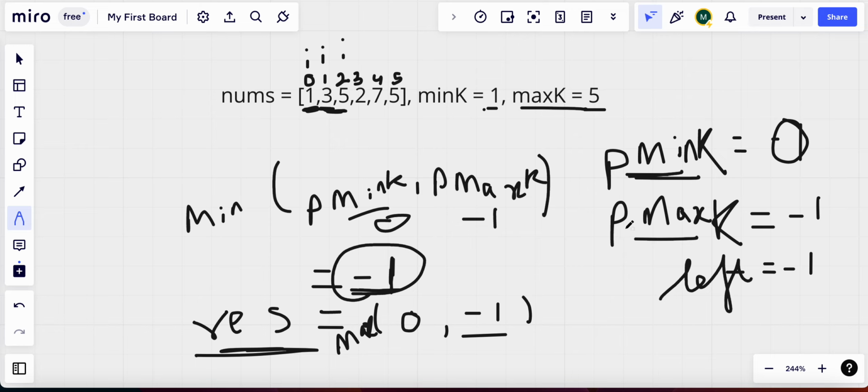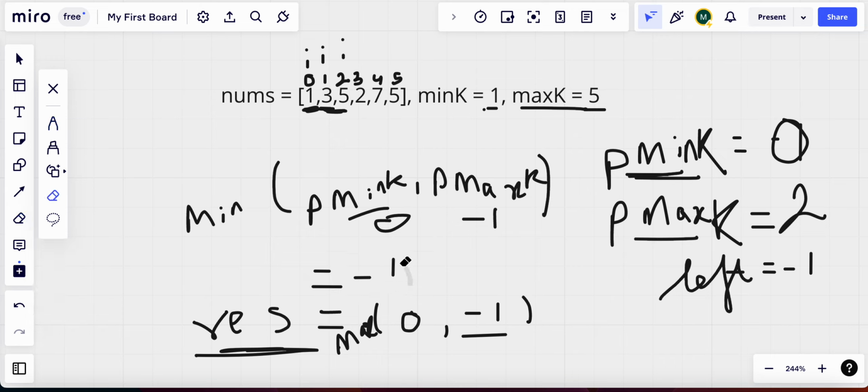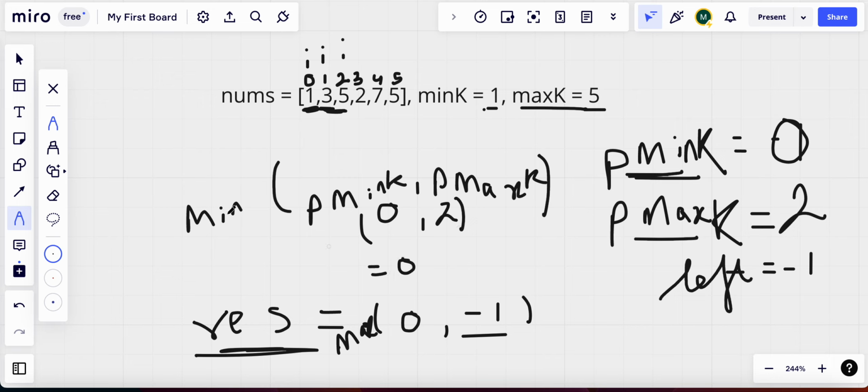So our max position is updated to that value, which is equal to 2. So now we have our min and max values. Now we compute the minimum of these two positions, 0 comma 2. So that would result in the minimum value equal to 0.